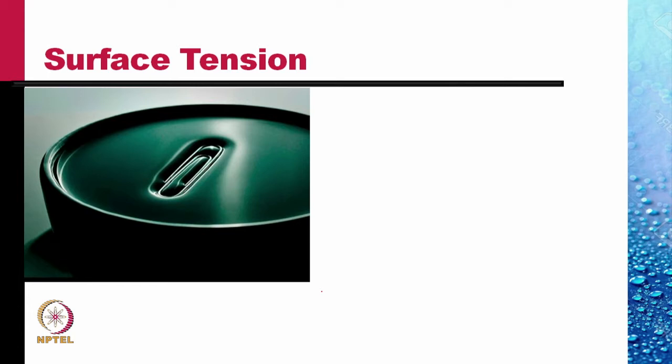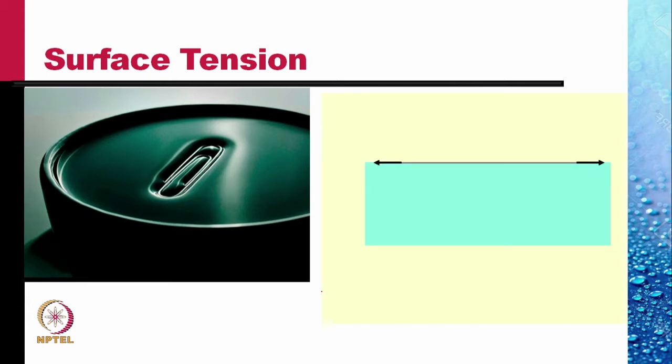Clearly, it is not buoyancy, because the paper clip is not submerged in water. So what's going on? The explanation of these two phenomena lies in what is called surface tension.